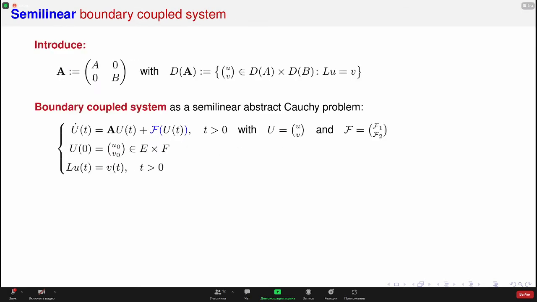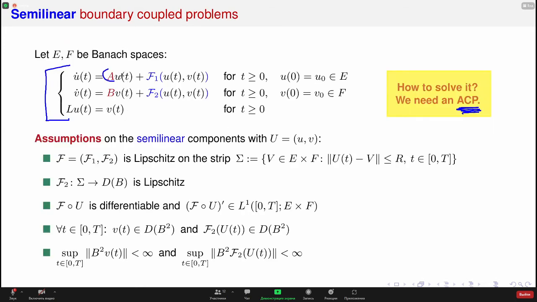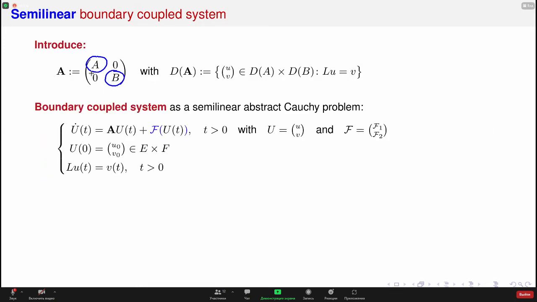In order to do this, we introduce this boldface A operator. This is actually an operator matrix. These A and B matrices are the same as before. So these red operators, and this operator has then this domain.